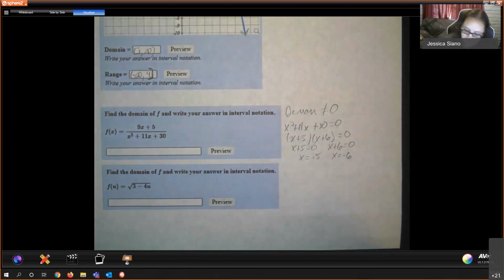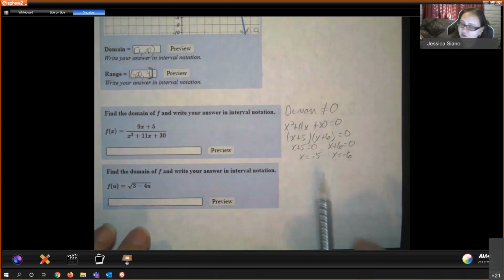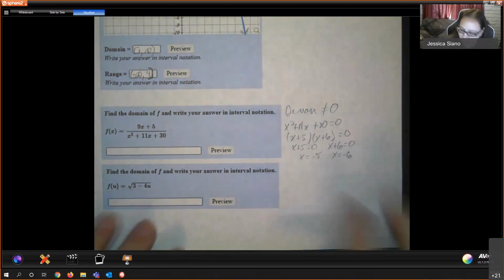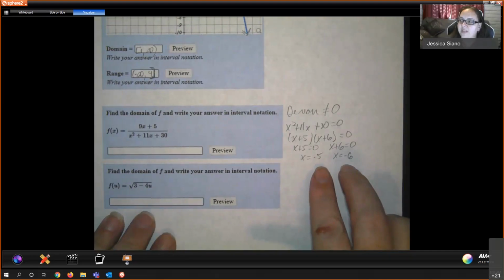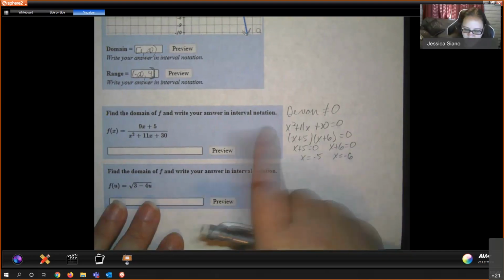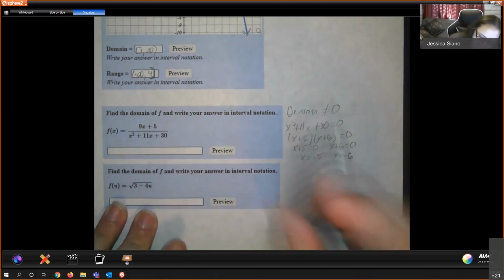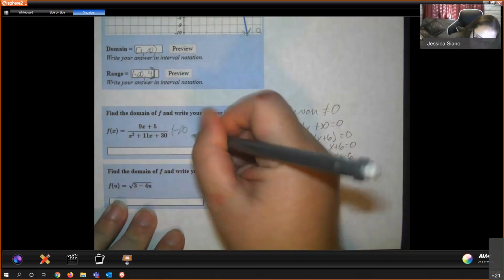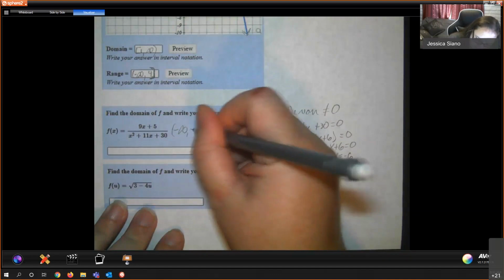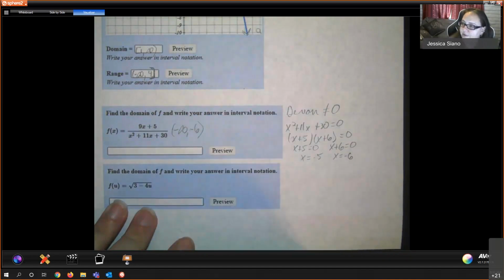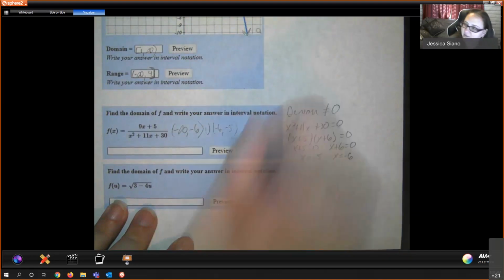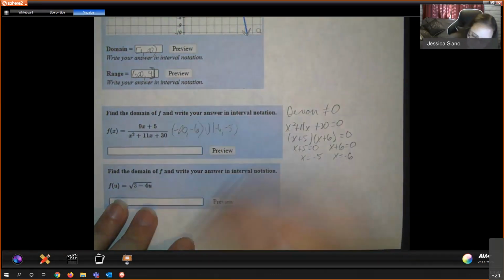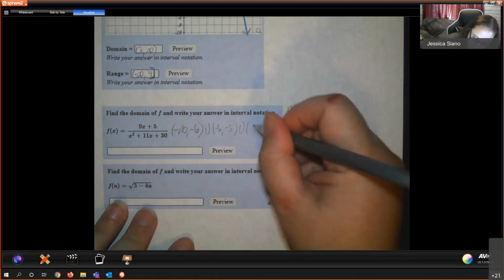So that means that my domain here is all real numbers except -5 and -6. When we're notating that in interval notation, I'm going to write it up here instead of in the box. We would say everything to the left of -6, everything in between -6 and -5, and everything to the right of -5.